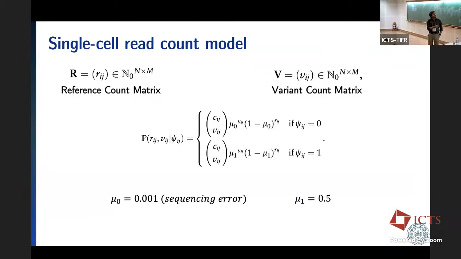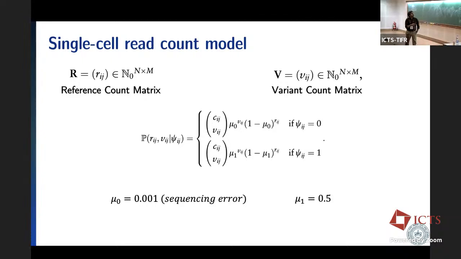We have this variant count matrix, Vij, that is saying in the ith position in the jth cell, what is the number of reads corresponding to the variant allele or mutated allele. So this is our observed data, really coming from the sequencing process, right?